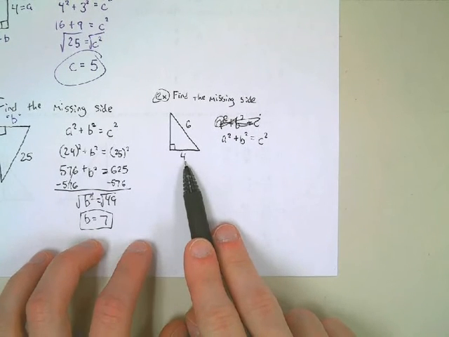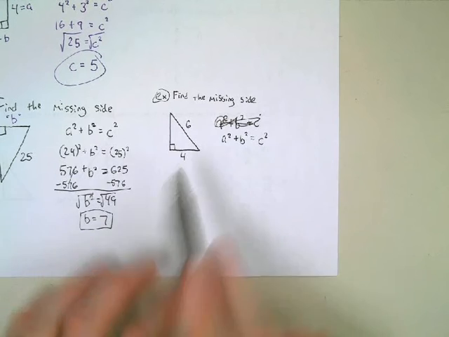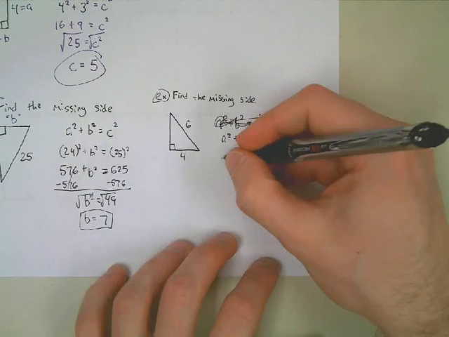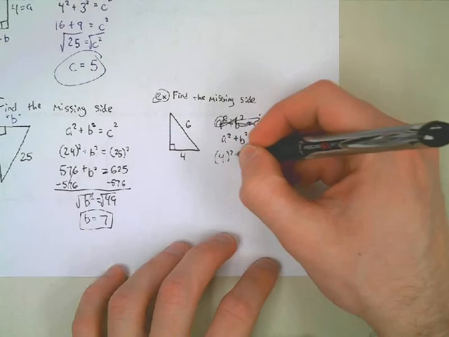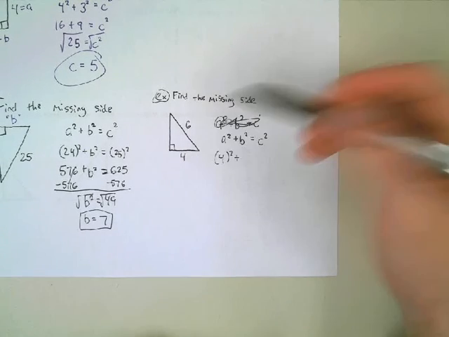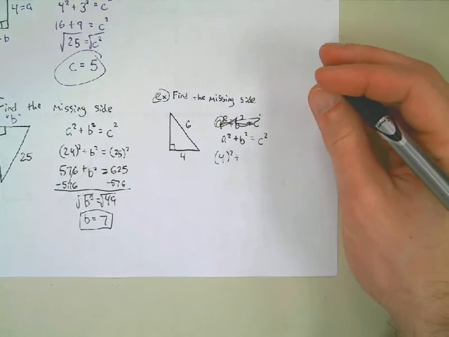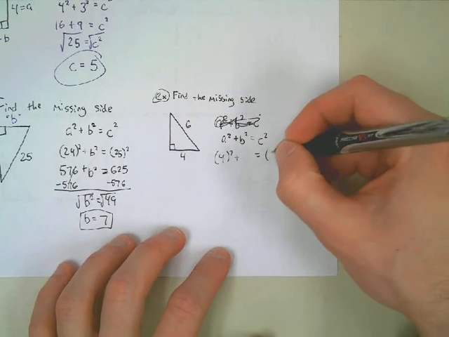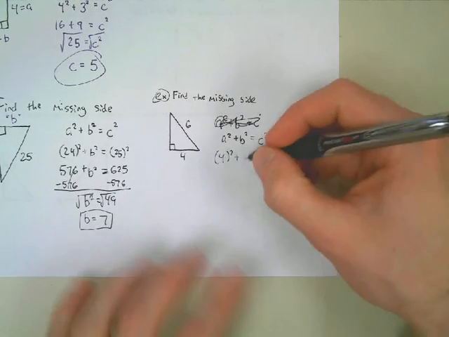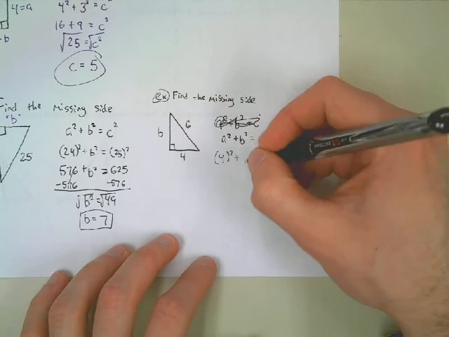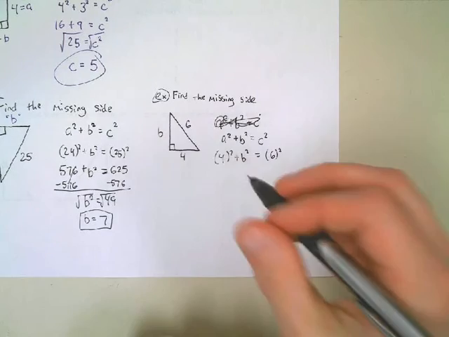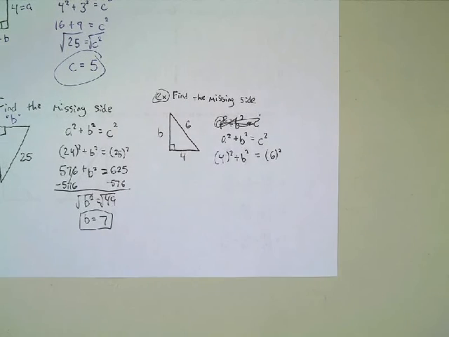Yep, A or doesn't matter, so we'll put it in for A. Yep, 4 squared plus the 6 here. Where does that got to go? Yes, good. It's got to go in for C. It's the hypotenuse. It's opposite the right angle there, so it must go in for C. And that leaves then this side as our B. We don't know that one. Okay. So 4 squared is 16, B squared, and then 6 squared is 36.